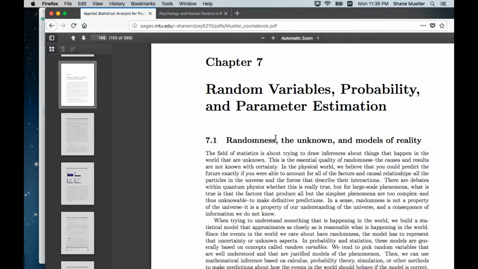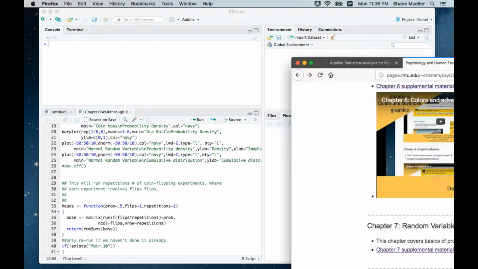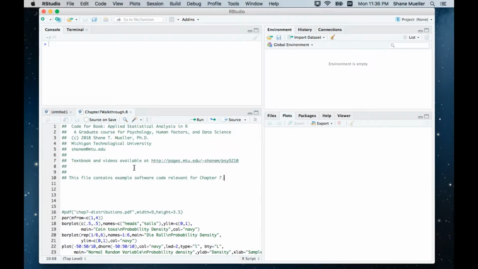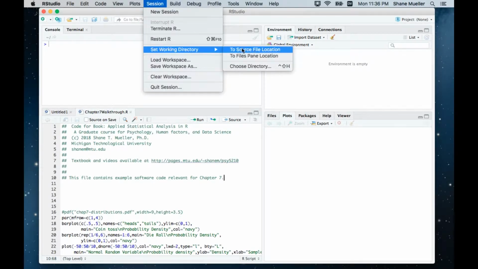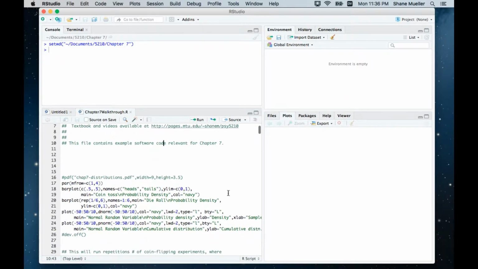So I'm going to talk a little bit about things from the book and then focus on examples that we can use. You should download that material. I have loaded it into RStudio here, and always remember to set your working directory to the source file so that if you load something in or save it, you have the right location.